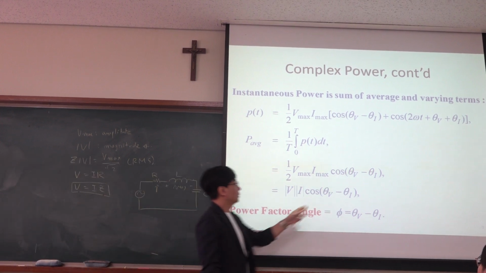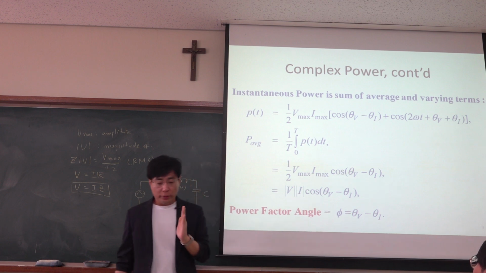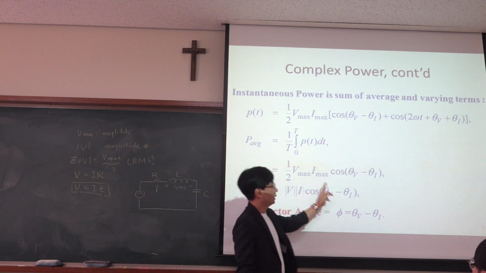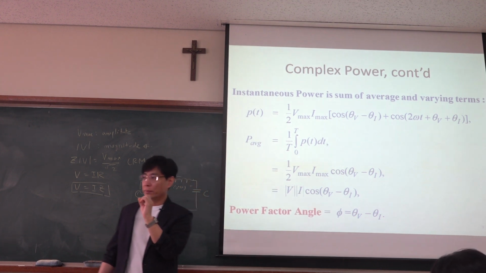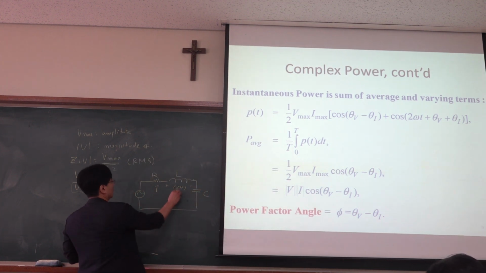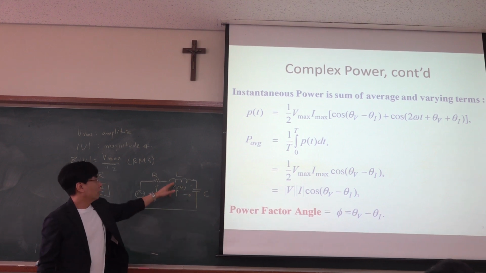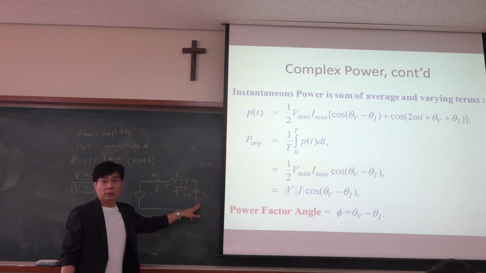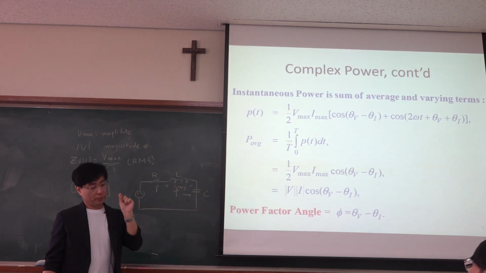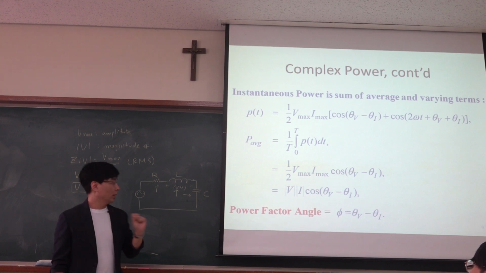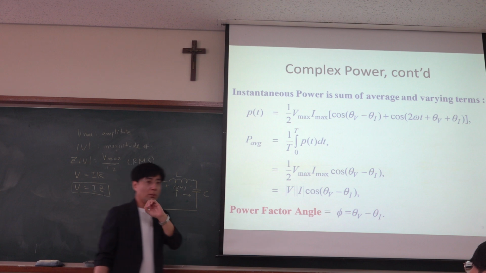Cosine 90 is 0, so the average power is 0. That happens here or here. For the ideal coil or capacitor, which do not have a resistance component, they consume 0 power.